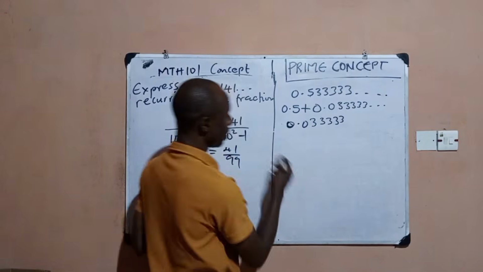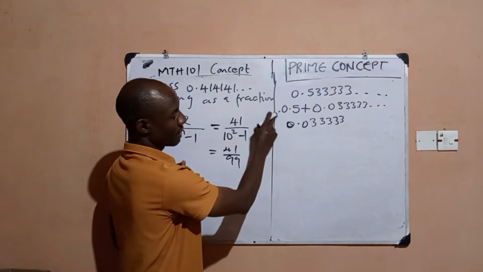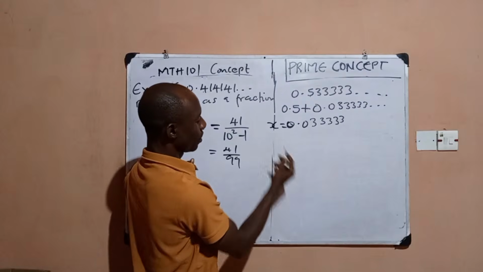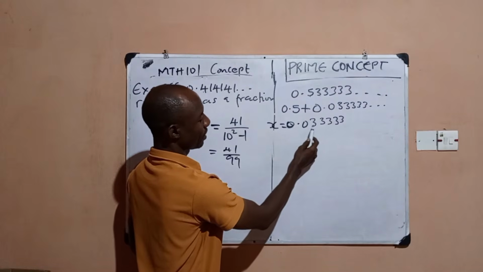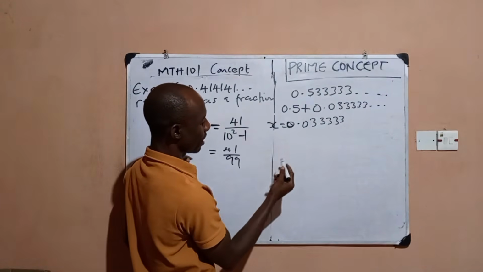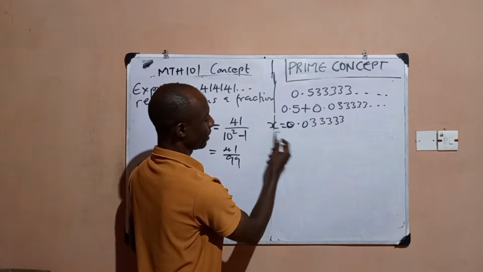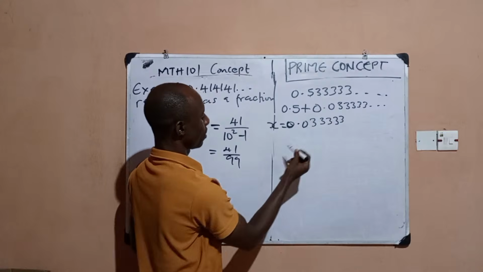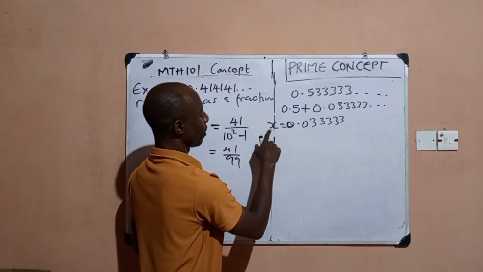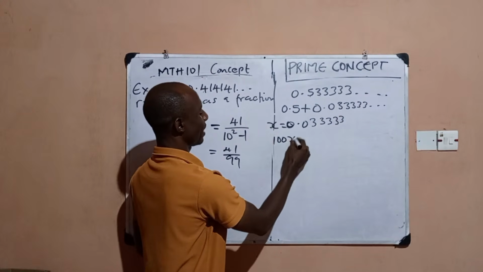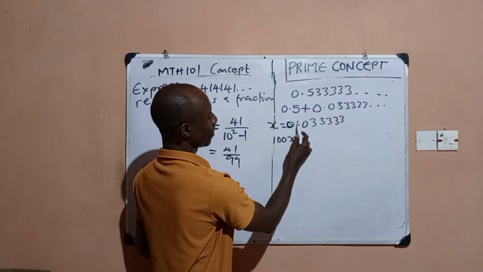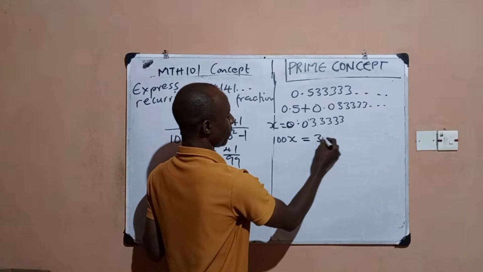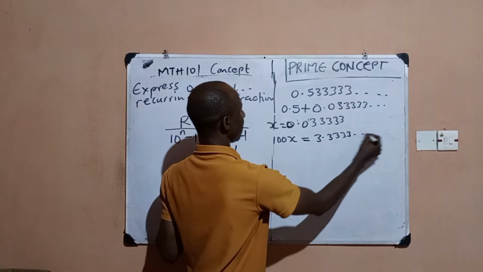So we have 0.0333333 and so on. Now this is what we want to do because this part is easy. Let me call this x. So if x is 0.033333, I'm going to multiply both sides by 100. So 100 times x is 100x, and 100 times this is 3.3333 and so on.